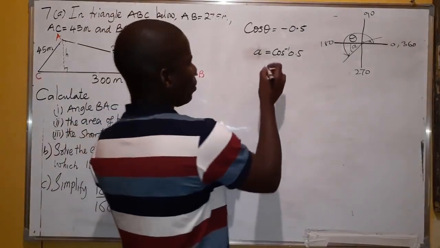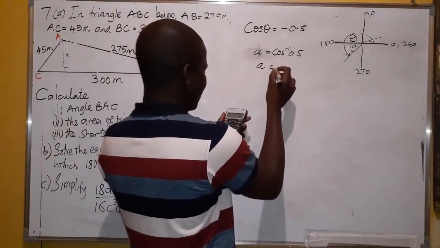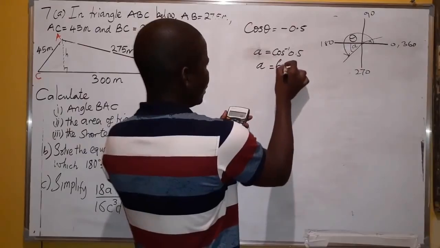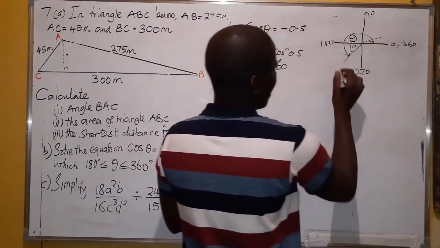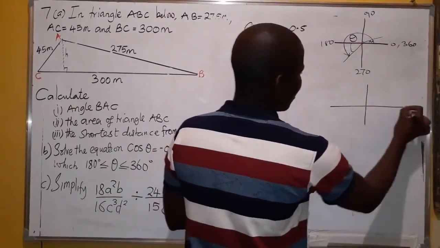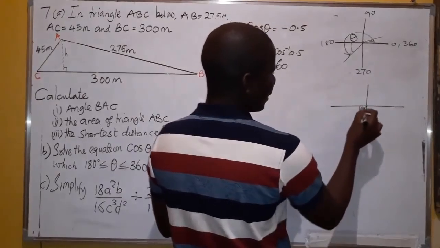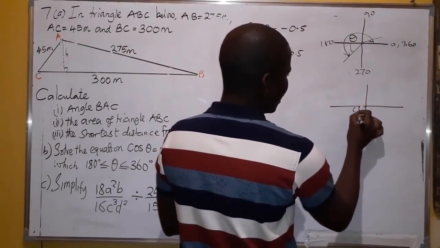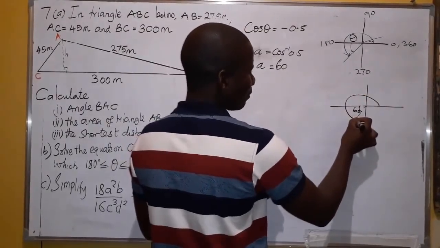Okay, so this is going to give us 60. So it means this one here, it's 60. And that is what we have here. It means we need now to say this part here, it is 60. From here, this is 60. But the value of theta stretches from this point up to this one.